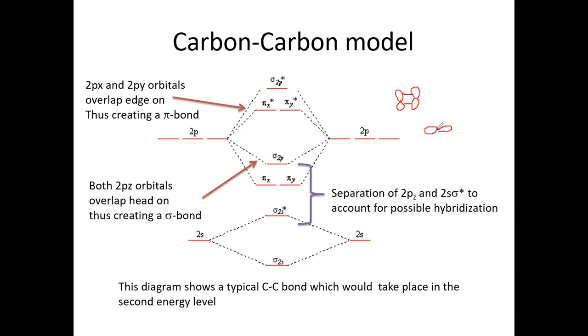So one p lobe here will overlap with another p on this other side. This is the head-on overlap, and this is the edge overlap. So p orbitals make pi bonds by edge overlap, and they make sigma bonds by head-on overlap. All right.